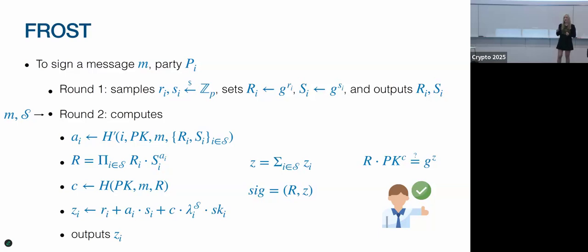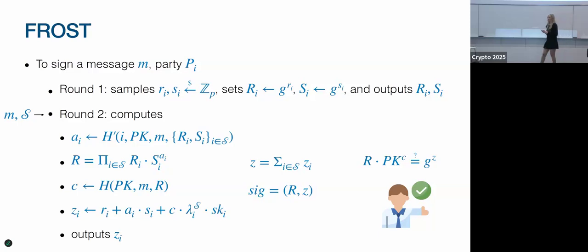I'll note here that you have to use 2 nonces because otherwise you could just cancel off this ai term. Then they compute the hash c, exactly as in standard single party Schnorr. And then they compute their partial signature value zi. This consists of the ri plus the hash ai times si plus the hash c times the Lagrange coefficient with respect to the signing set times their secret key. And then finally, they output their partial signature zi.